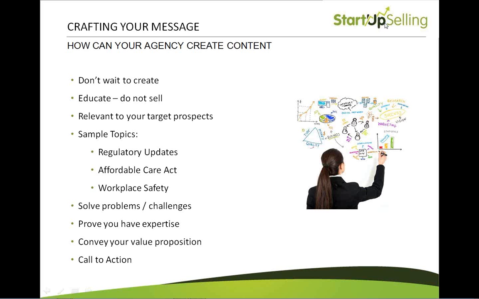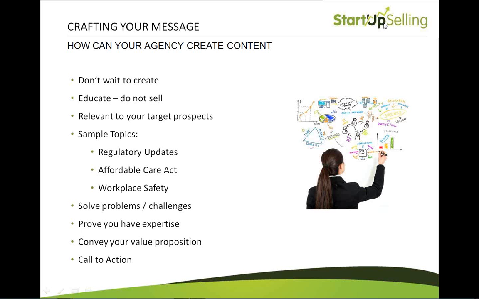That's a great topic for your killer content strategy. And last but not least, workplace safety. Maybe a comp-focused producer wants to help decrease the number of incidents at a job site and help his clients decrease their experience mod factor. What you're doing is solving problems or challenges for the prospects that you want to sell to, and at the same time proving that you have expertise.